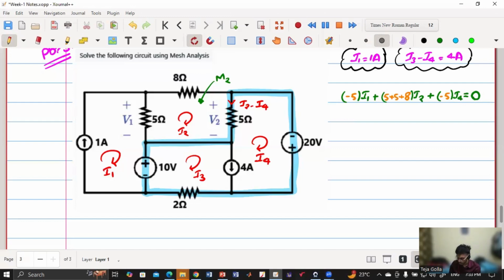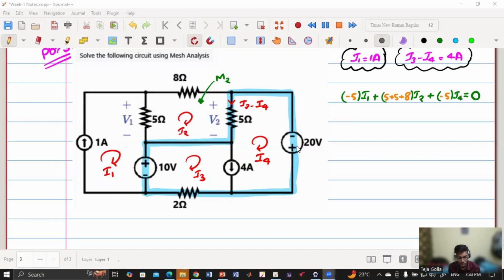Any query? Agree, everyone. Here, are the unknowns current or voltage? Yes, the number of unknowns are currents, because it is mesh analysis. The number of unknowns is 4. They are asking what the voltage is, that's the question in the problem. But because we are using mesh analysis, the unknowns are always mesh currents. If you are applying nodal analysis, the unknowns are always node voltages.